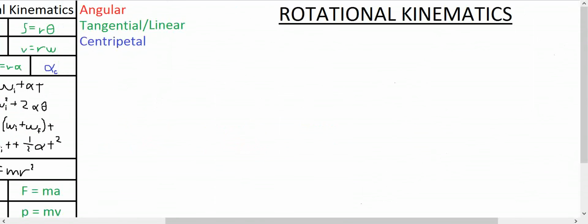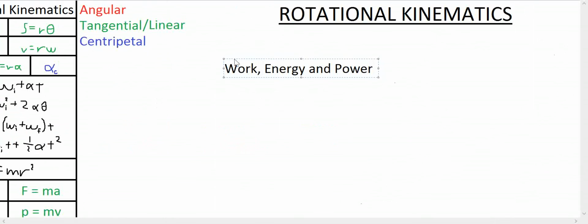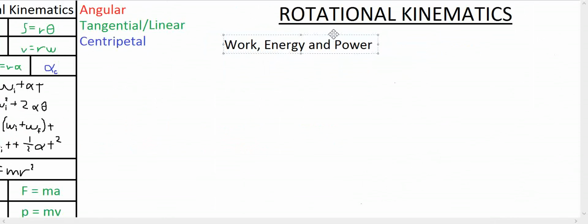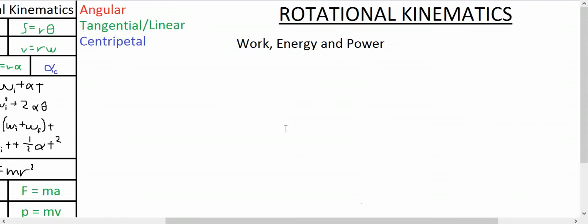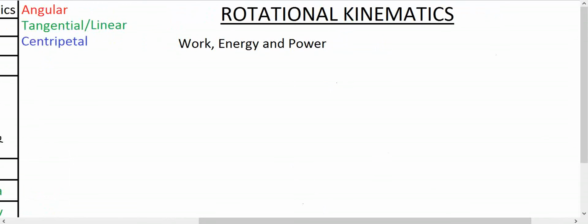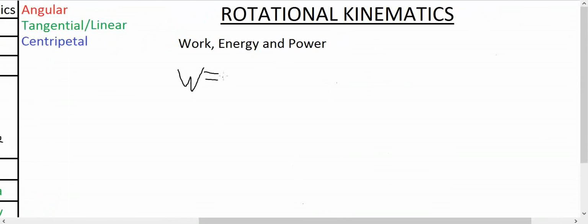Now, finally, let's talk about work, energy, and power, and how they apply in rotational kinematics. First, recall the equations. Work equals force times distance.